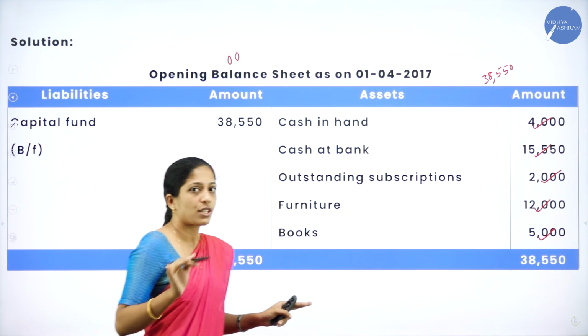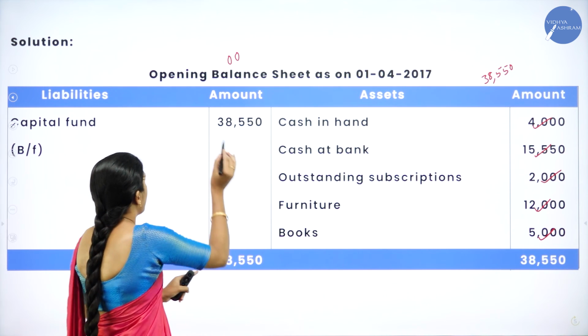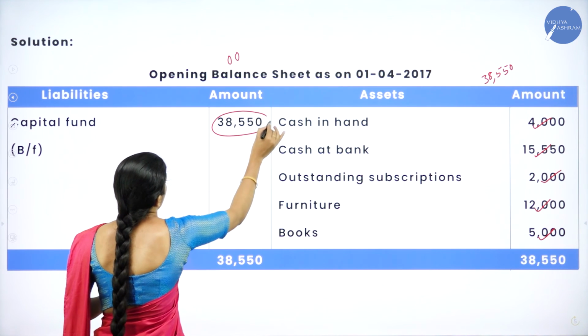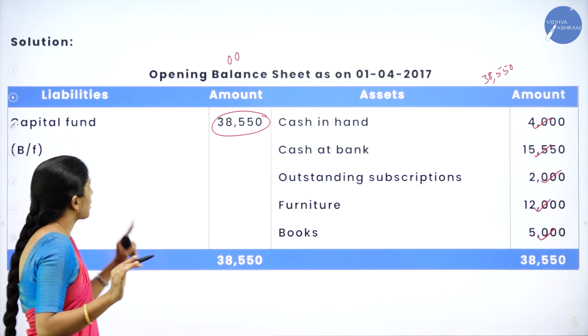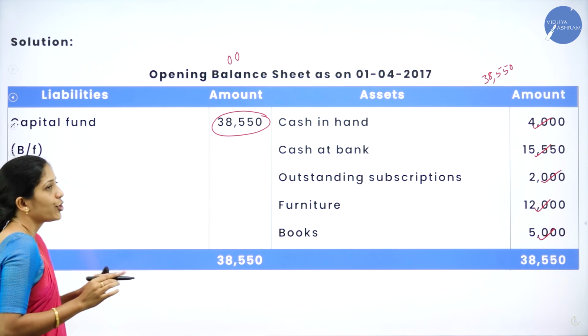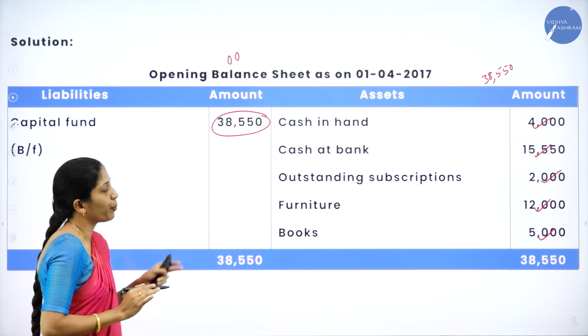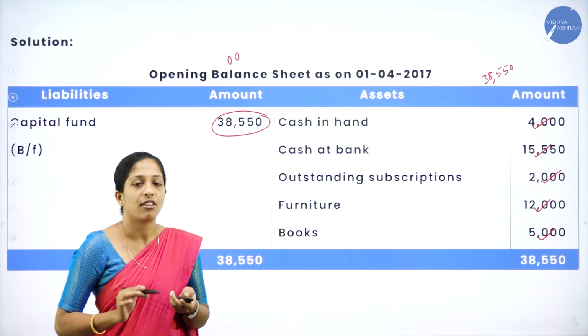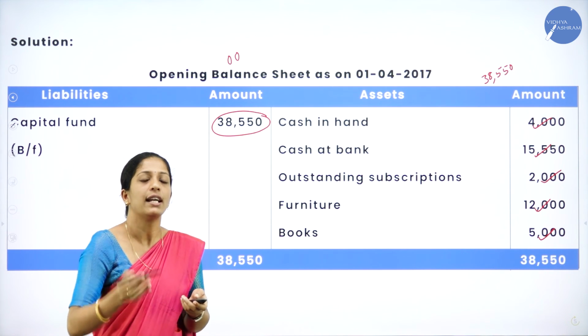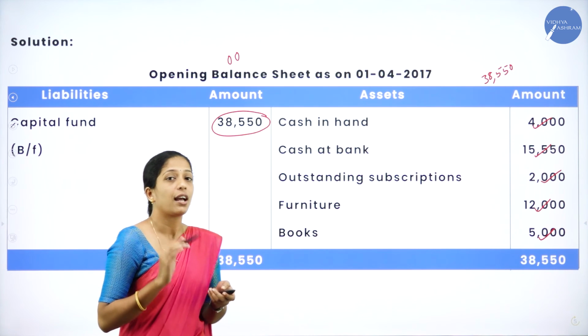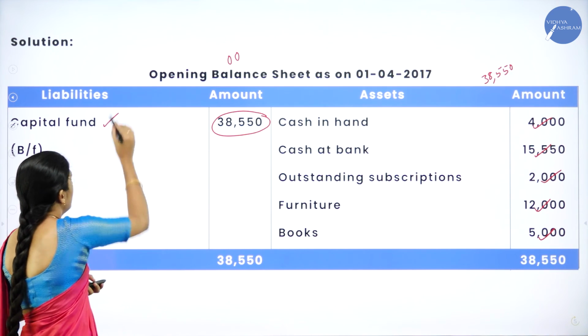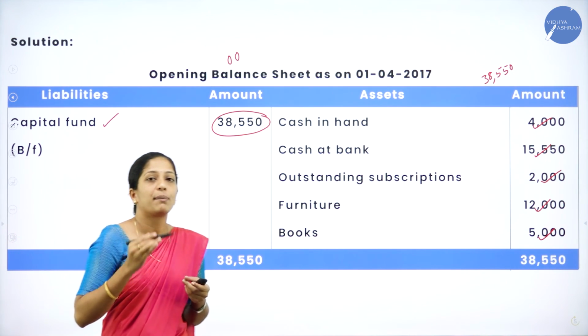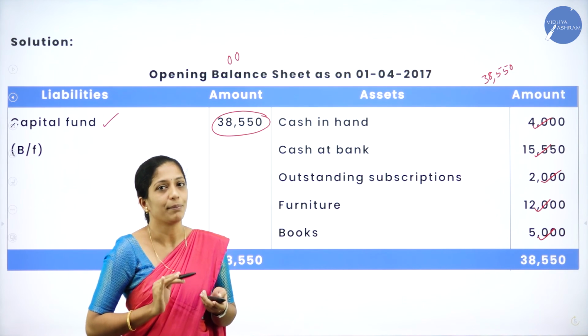You will write 38,550 on both sides, and your balancing figure is capital fund. The main intention of preparing the opening balance sheet is to know the capital fund. Since they have not given it in the question, we shall prepare the opening balance sheet and find out this capital fund. And this capital fund will be used while preparing the closing balance sheet.